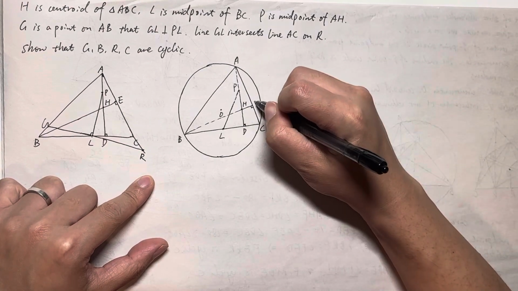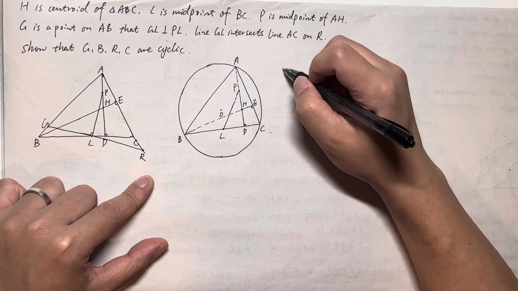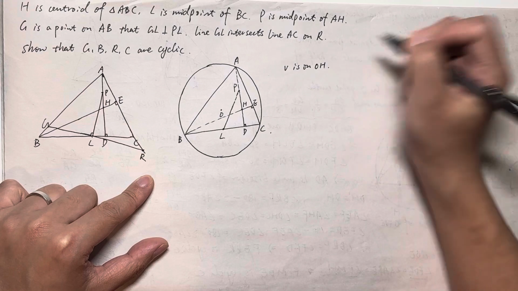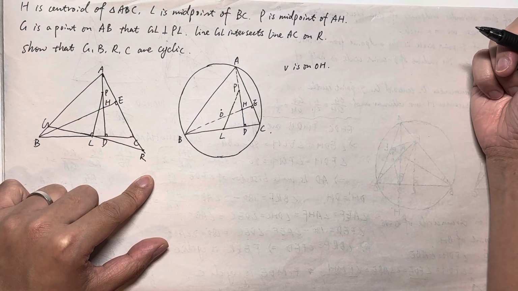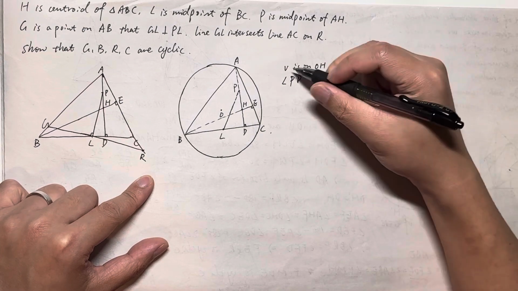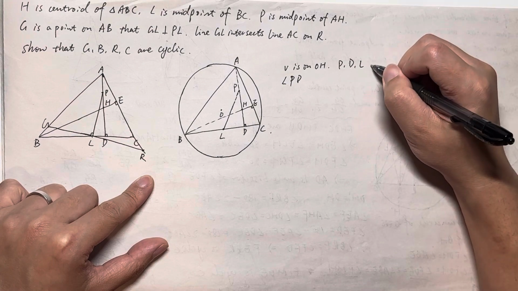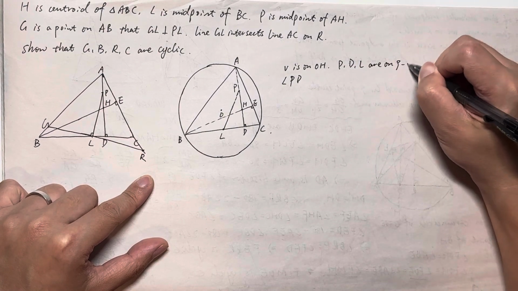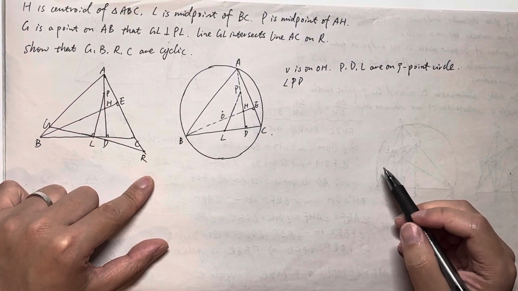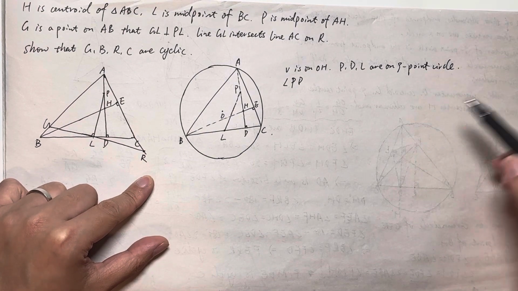So let's mark here as D, this here as E. We know that V is on OH, and P, D, L are on the 9-point circle. That's all we know from the previous video.